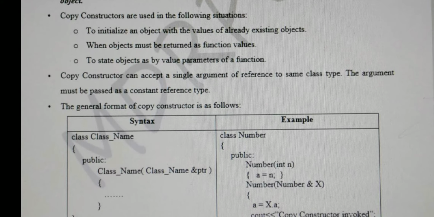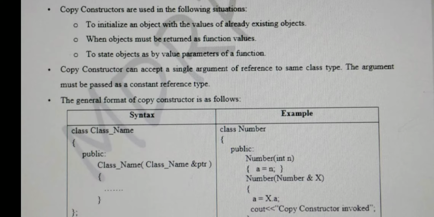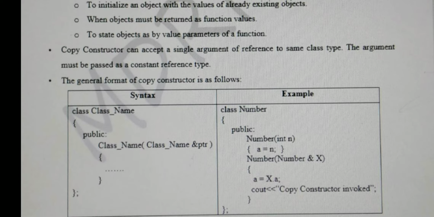You can see why and in which cases we use the copy constructor. To initialize an object, initialization means giving a value to an object from an already existing object. The existing object's value we are copying to the present object, that we call a copy constructor. The second situation is when objects must be returned as function values.